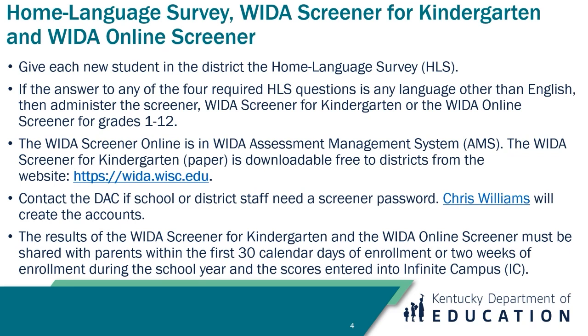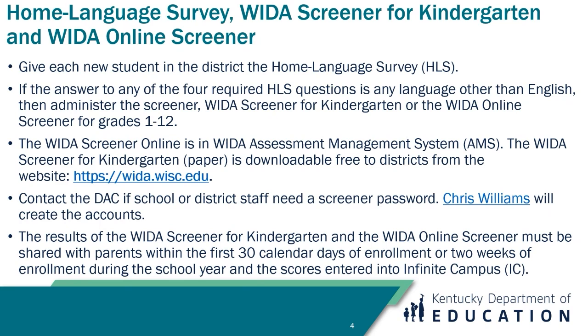We will have a module that goes through the WIDA Secure Portal to help them through that training process. We will also have the WIDA Screener Online: if you've got any students in second semester grades 1 through 12, they're going to be taking the WIDA Screener Online.